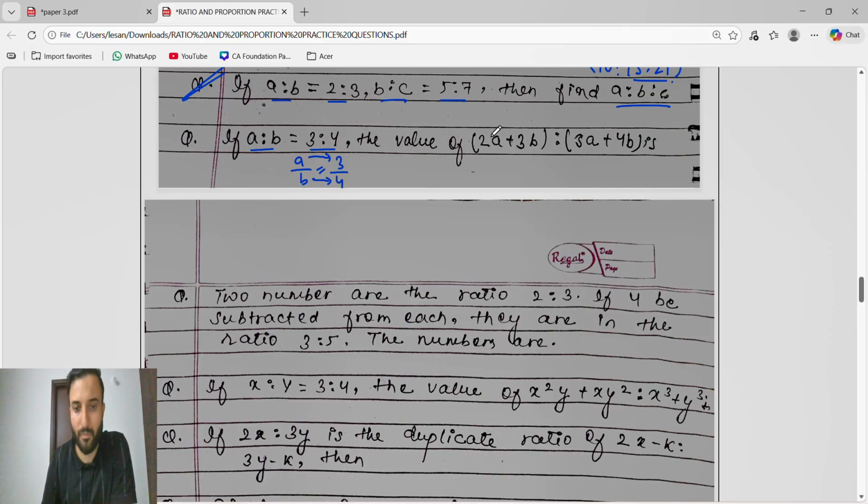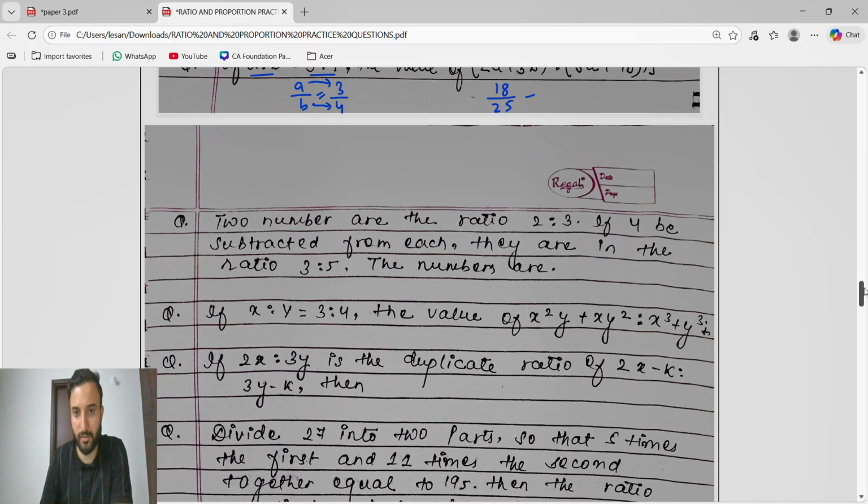So 2 threes are 6, 6 plus 3 fours are 12, 6 plus 12 is 18. So 18 is to 18 divided by 3, 3 threes are 9, 9 plus 4 fours are 16, 25. 18 by 25, will it get cancelled? No, the correct answer is 18 is to 25.